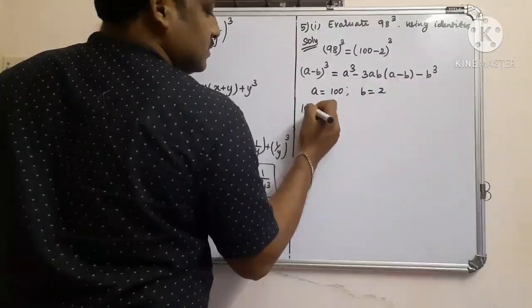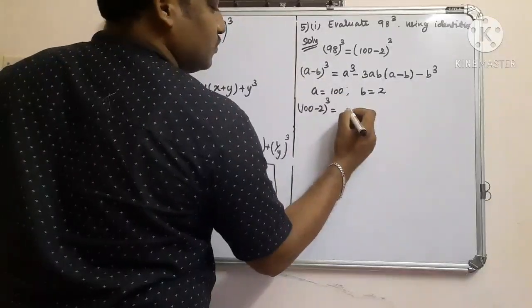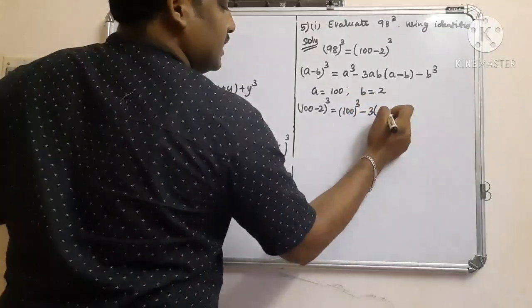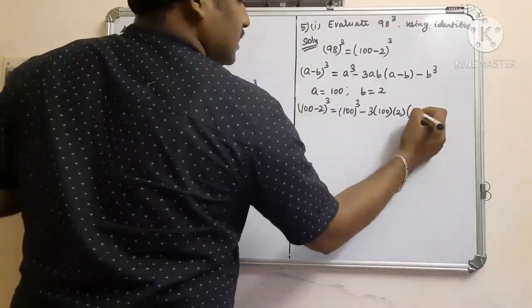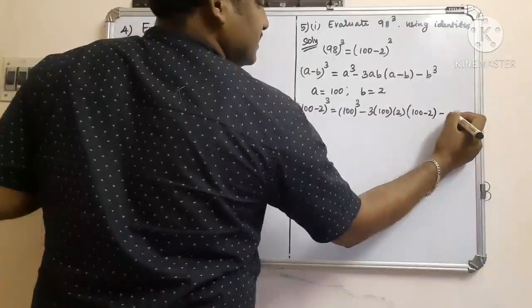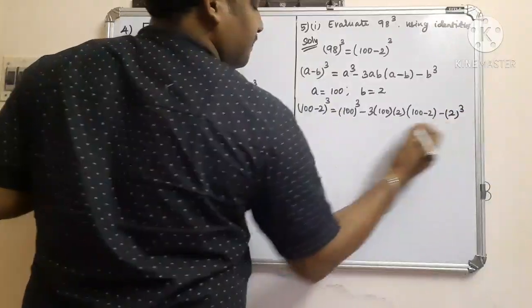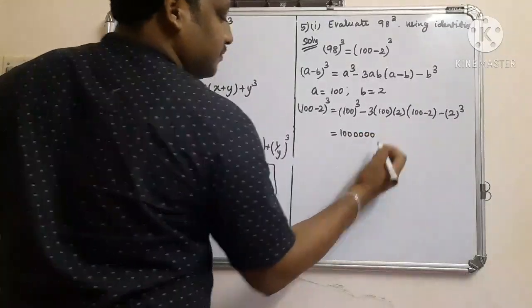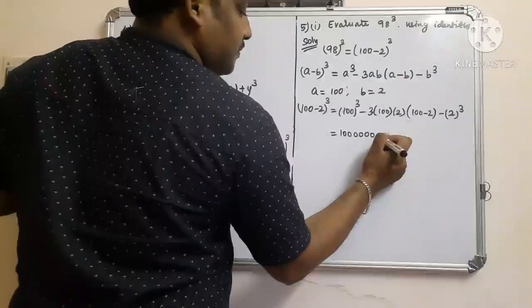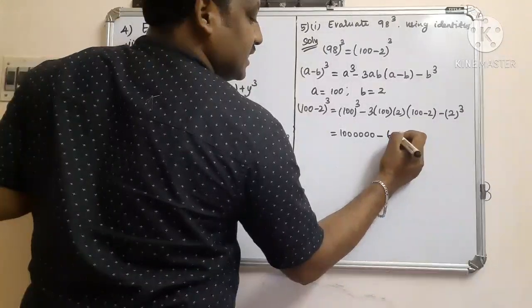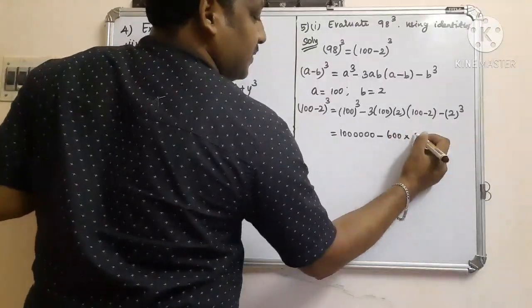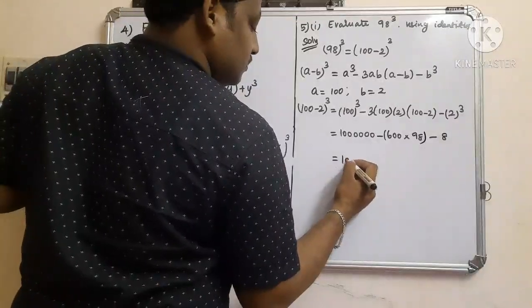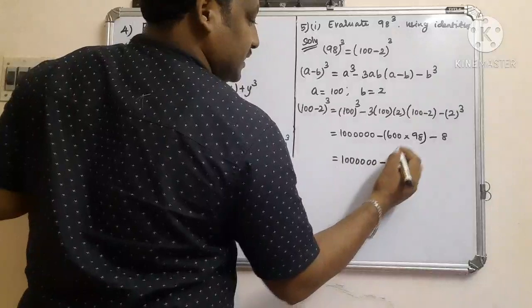So (100 - 2) the whole cube is equal to 100 cube minus 3 into 100 into 2 into (100 - 2) minus 2 cube, which is equal to 100 cube minus, 3 2s are 6, 6 into 100, 600, into (100 - 2) is 98, minus 2 cube is 8, which is equal to minus 98 into 600.